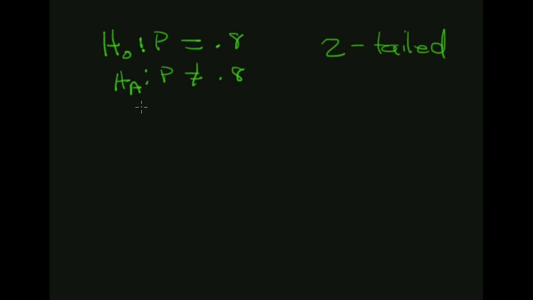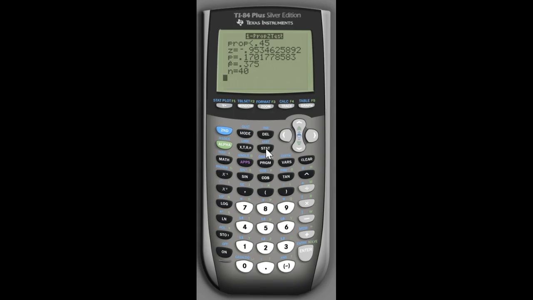All right, so let's take a sample. Let's say we take a sample of 250 consumers and we find that 180 actually preferred A over B. At this point, I have everything I need to feed this test into the calculator. We go to tests, down to one proportion z-test, and we're testing against 80%.